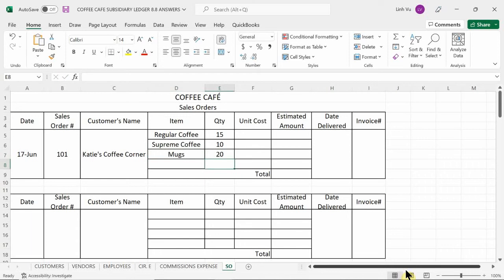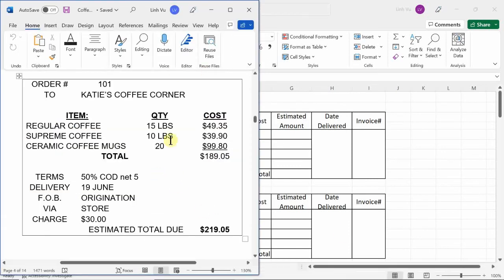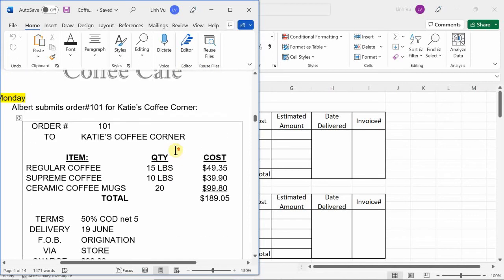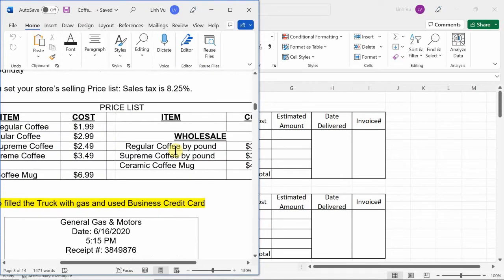So what are my price points? Do you remember? The units.